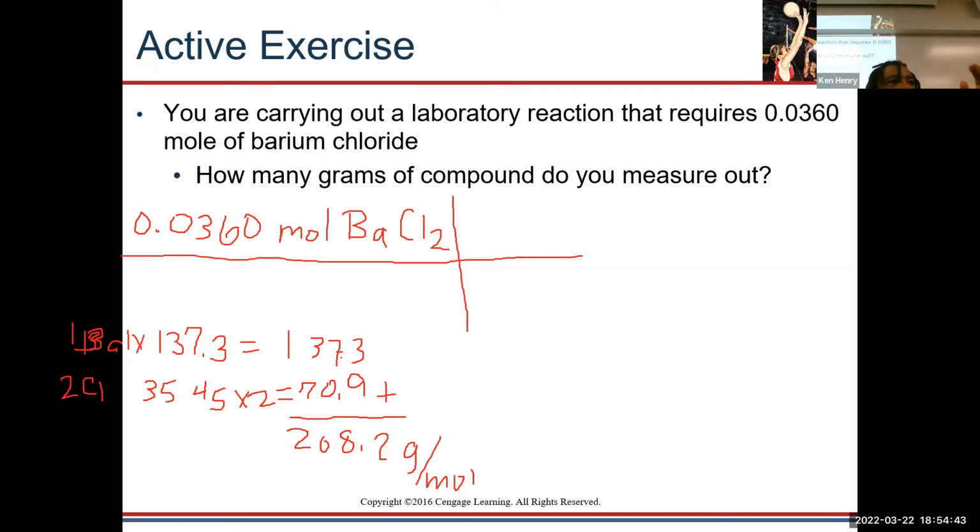So anytime you hear per mole or per hour or per, that means one of those, okay? So we have 1 mole on the bottom of the barium chloride, and then up top, 208.2 grams. So the moles are going to cancel out.